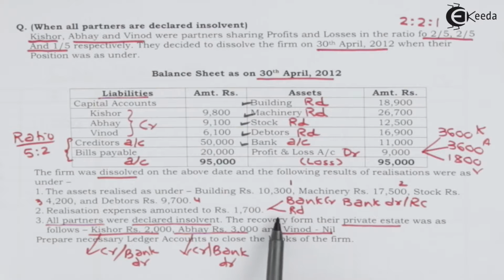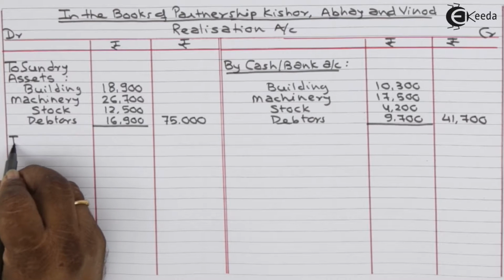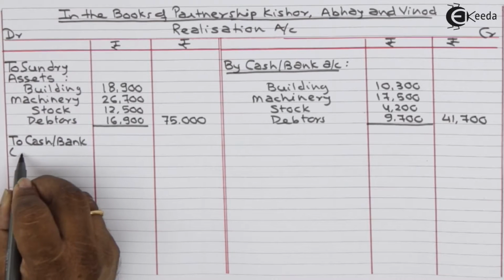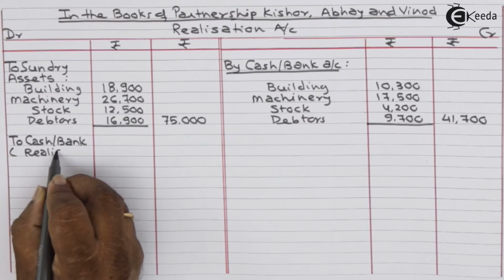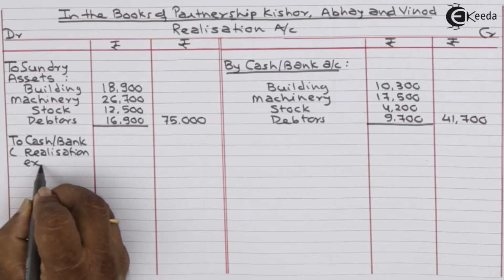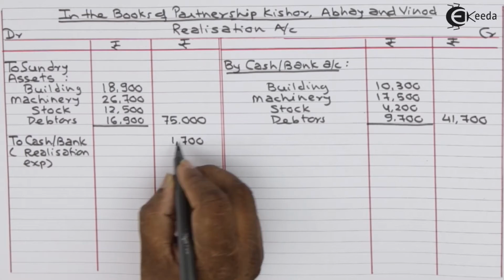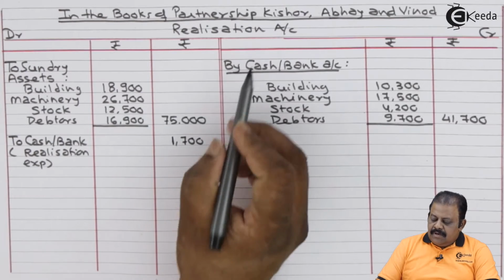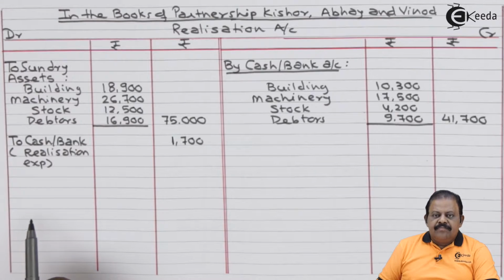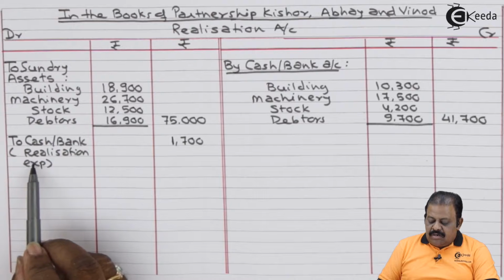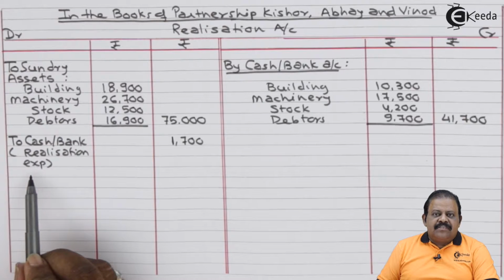Amount paid, so realization account will be debited and bank account will be credited. Realization account debit to cash bank 1,700 for realization expenses paid.